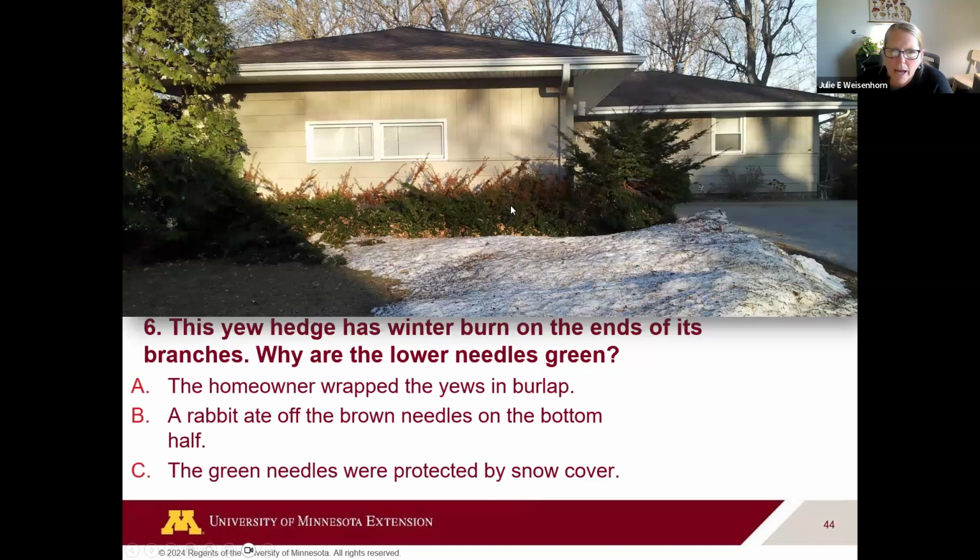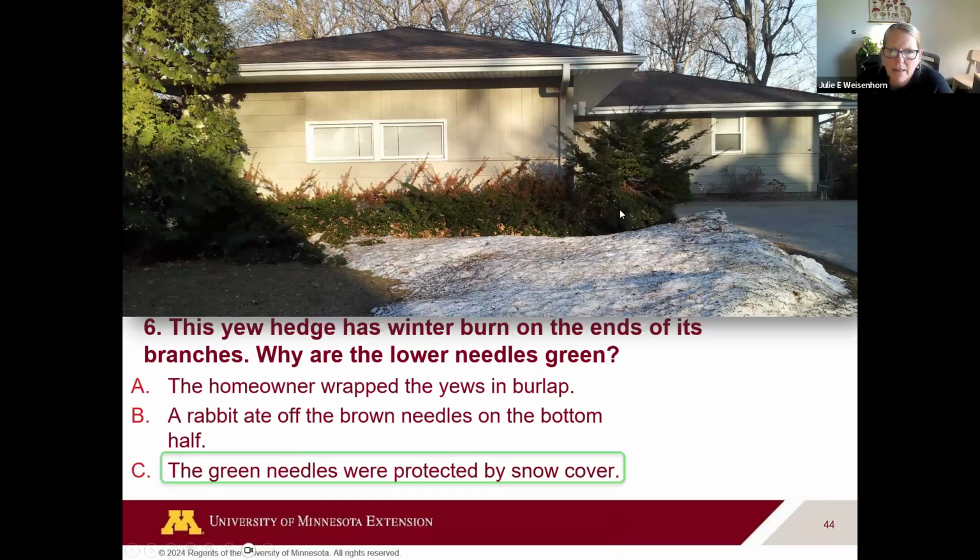Okay, here we've got a yew hedge along a garage area, and you can see the top branches here are all brown, but why are the lower branches still green, the lower needles? We have some C's in the chat and we have people saying C in the crowd as well. Great.